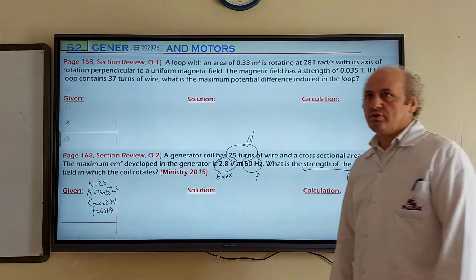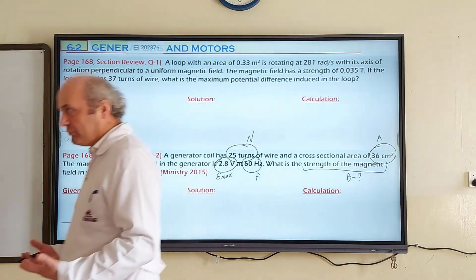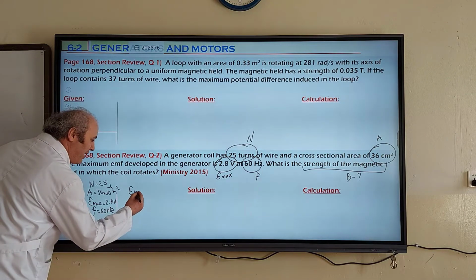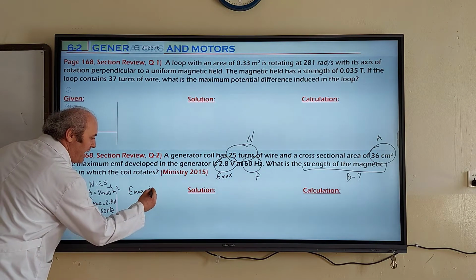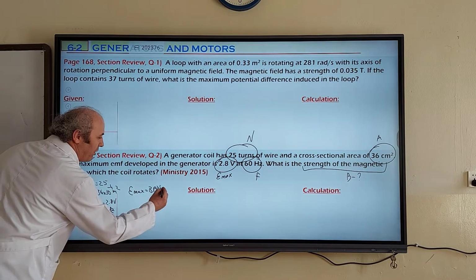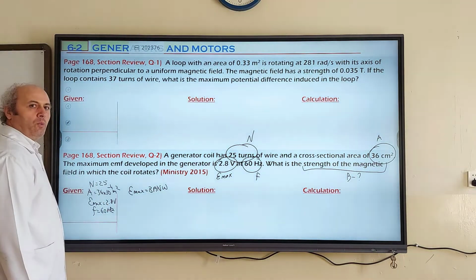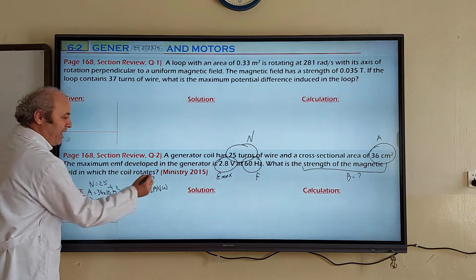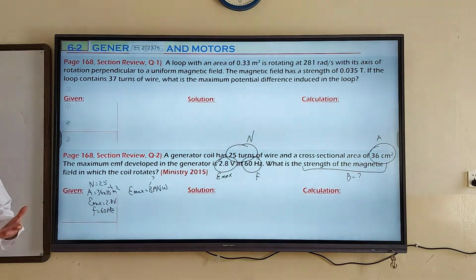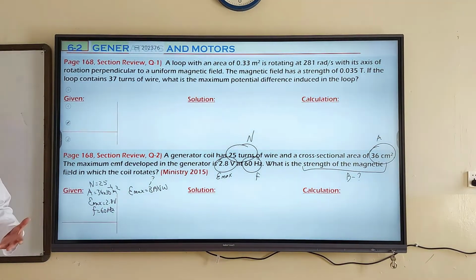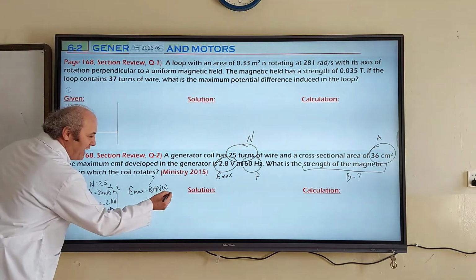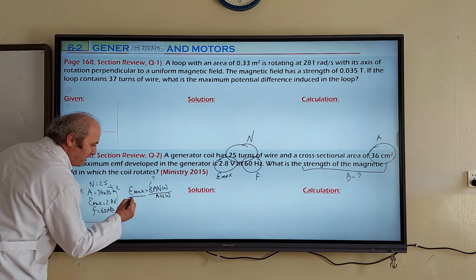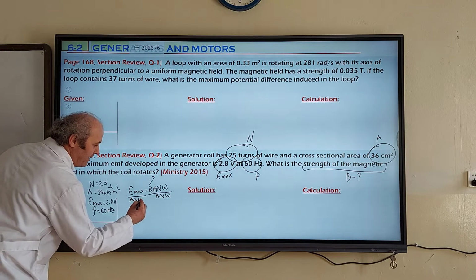So we are going to use maximum EMF equation. Okay. So maximum EMF is B, A, N, and omega. What we are going to calculate? We are going to calculate B. So we have to leave B alone by dividing by A, N, and omega. Both sides of the equation must be divided by A, N, and omega.